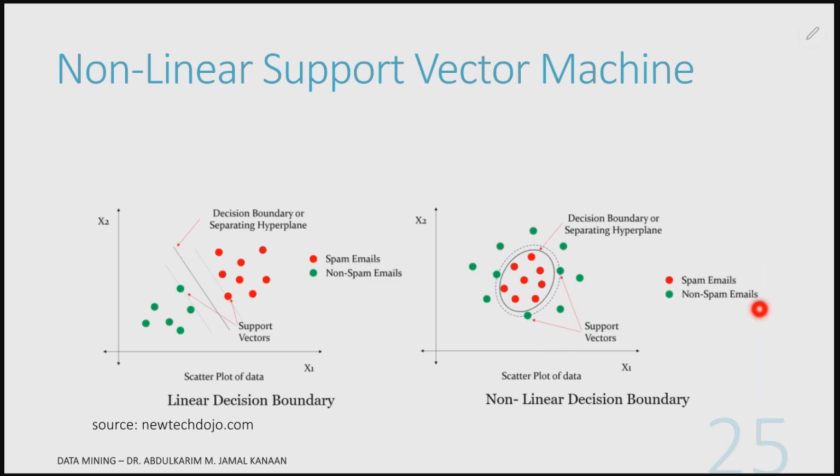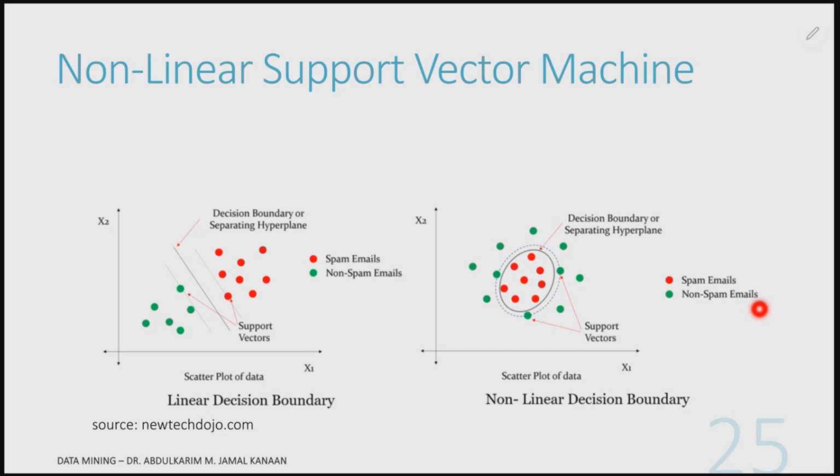Now, support vector machine can also work on nonlinear cases. So in nonlinear cases, we are still looking for a decision boundary that helps us to distinguish between two classes. If you look at the right-hand side figure, we found that the best way to split it is by finding a nonlinear decision boundary.